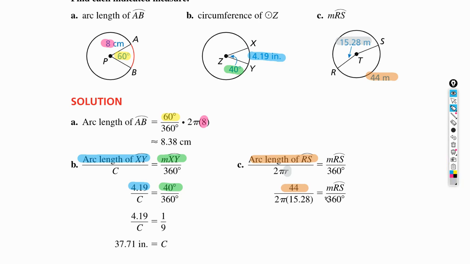Okay, and here's my radius of 15.28. So now I'm going to have to solve for this right here. So again, cross multiply, put it into a calculator, and I get 165 degrees. All right, any questions on that one?